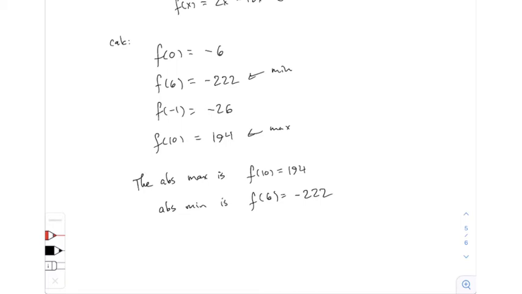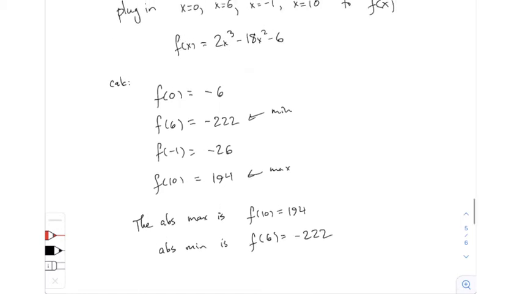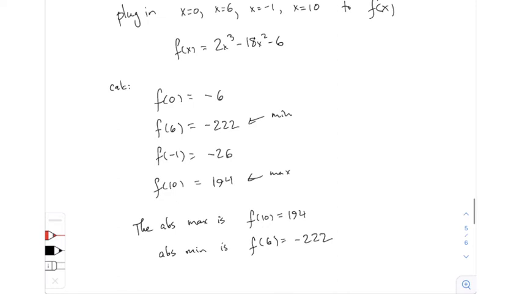So I guess the absolute maximum in this example is on one of the endpoints, but the minimum is in the middle somewhere at 6. Yeah, so these are the critical numbers. These are the endpoints of the interval. And that's the only part in the whole problem when the interval matters at all.